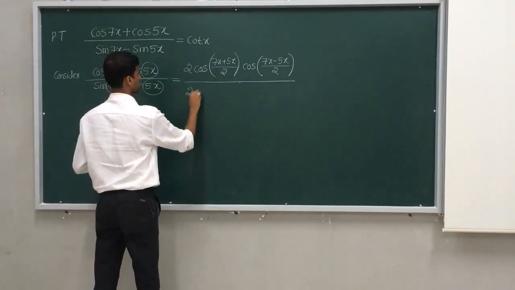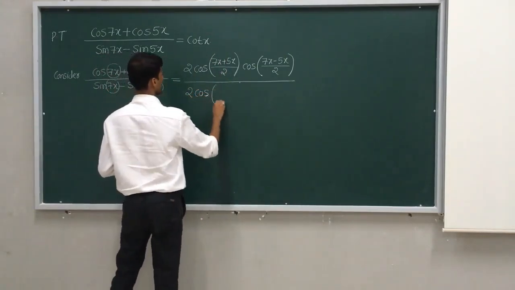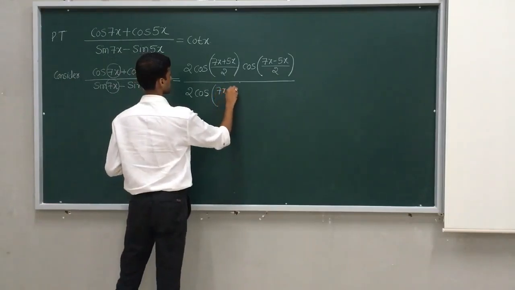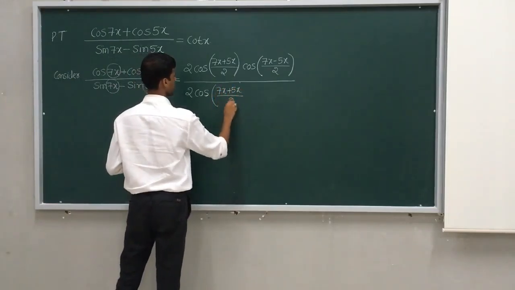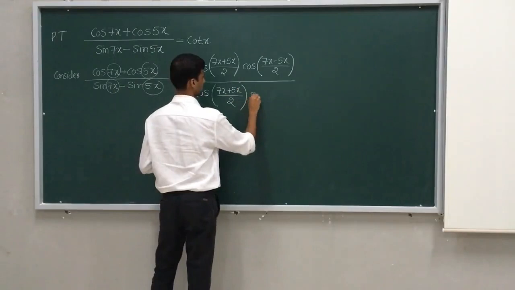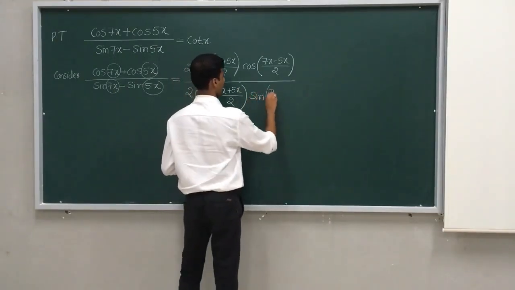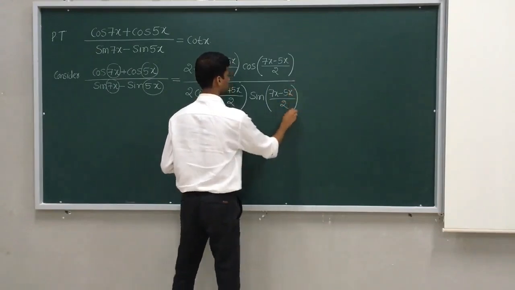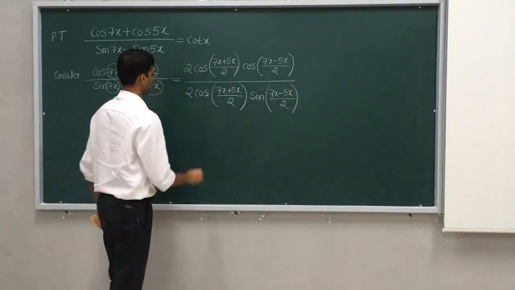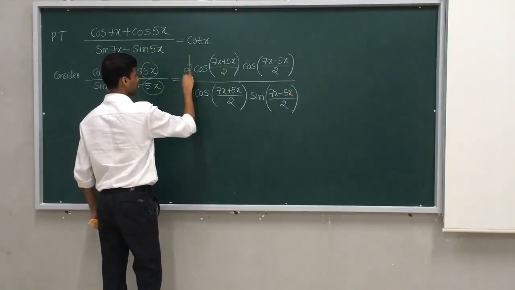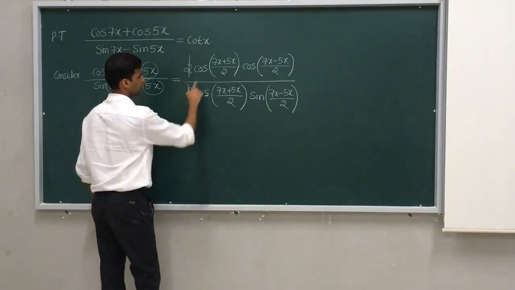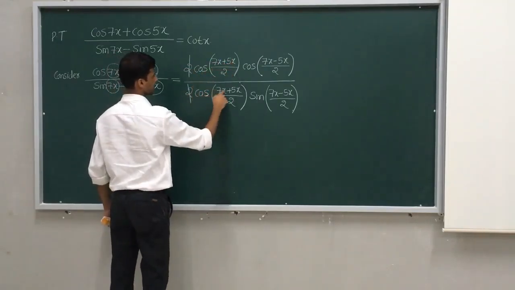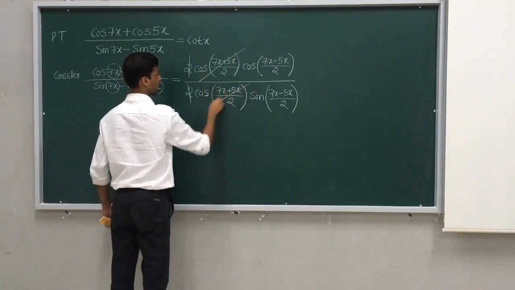That is 2 cos of 7x plus 5x by 2 into sin of 7x minus 5x by 2. So we cancel 2 cos of 7x plus 5x by 2, both will cancel.